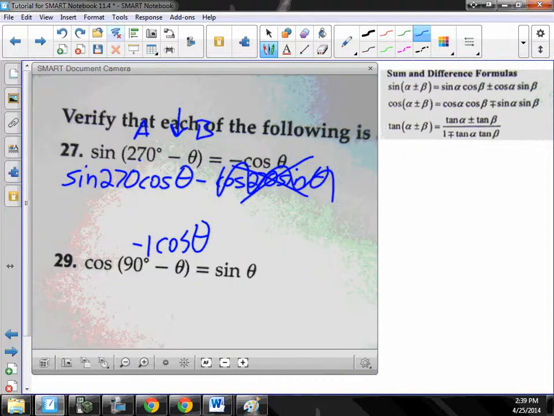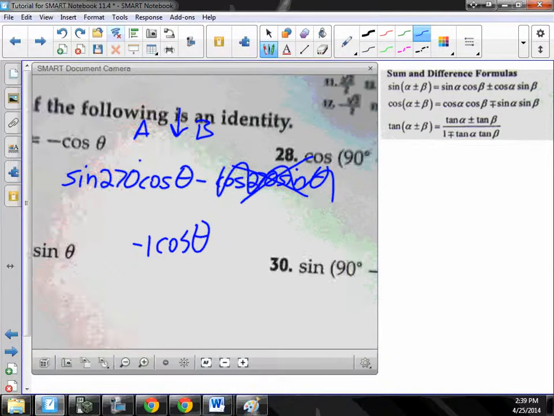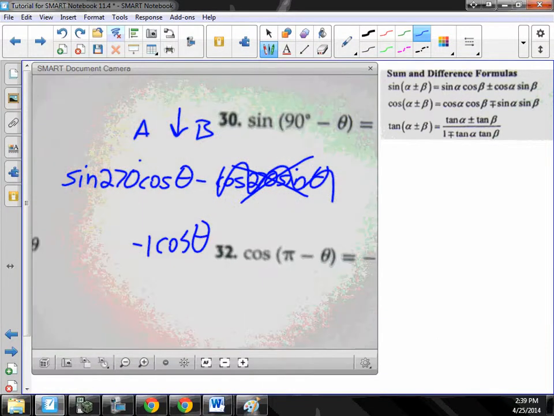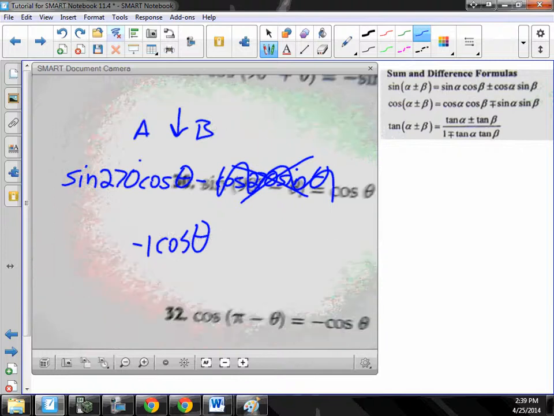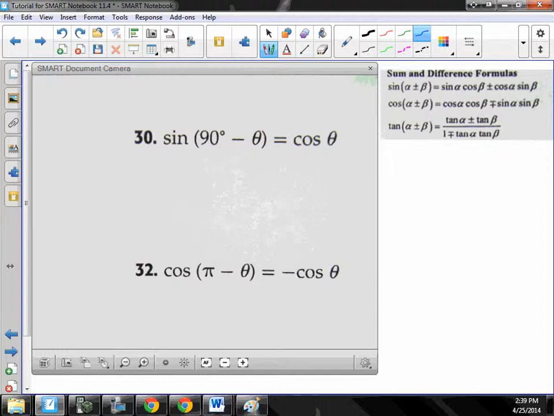So let's do 33. Well, no. Let's do 32. Okay, is this a sum or a difference? So if we subtract the angles, do we add the answers or subtract the answers? Add them because it's a cosine.